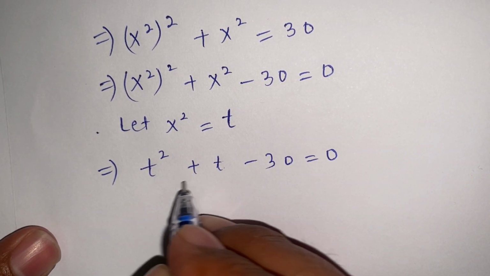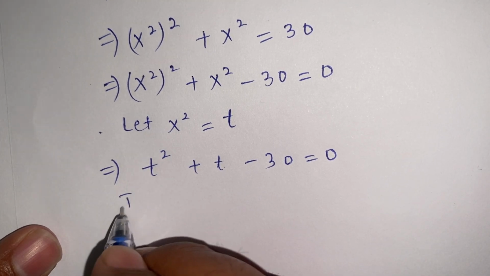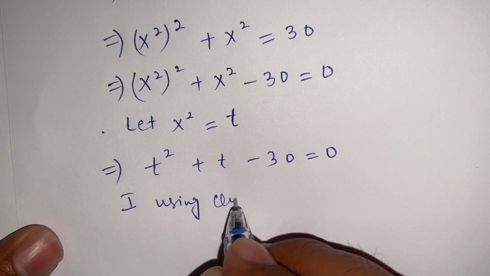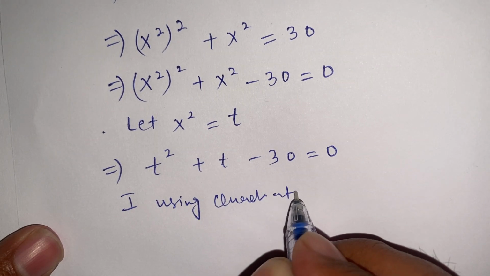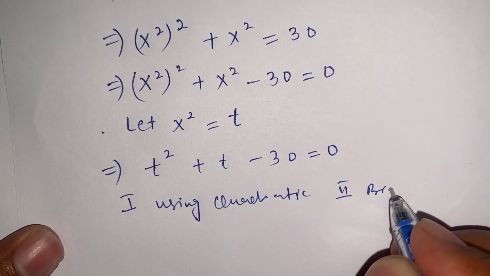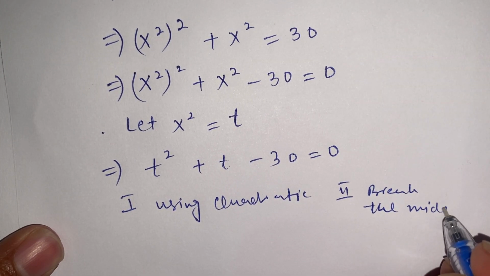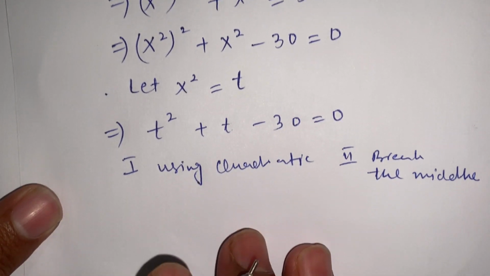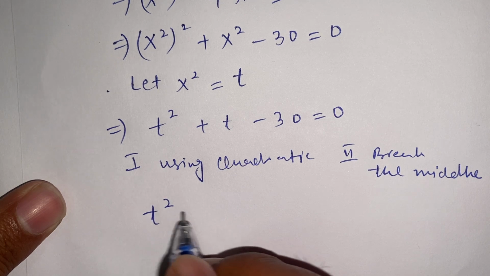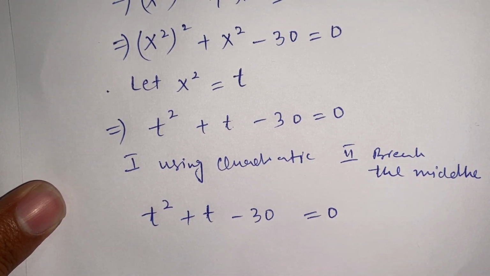Now this is a quadratic equation. In order to solve this, first method is using quadratic formula. Second method is to break the middle term. Now here the equation is t square plus t minus 30 equal to 0.